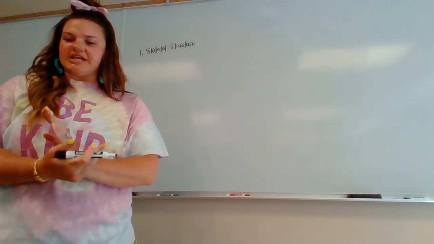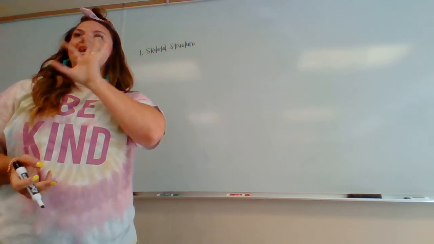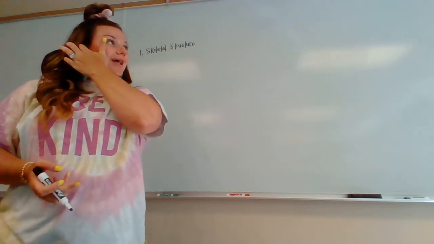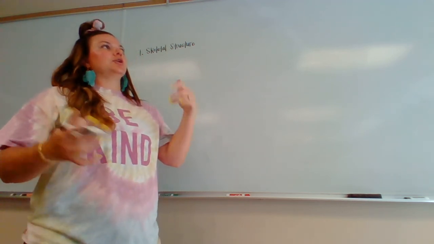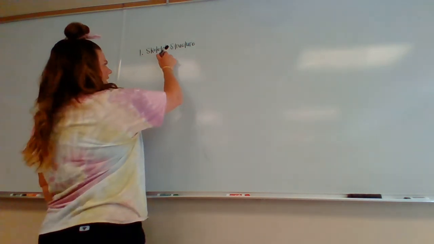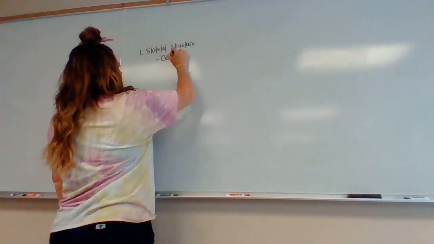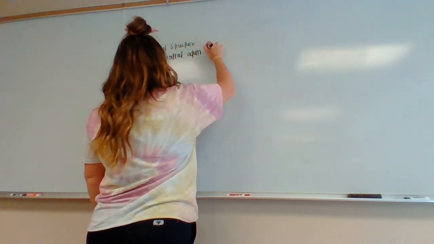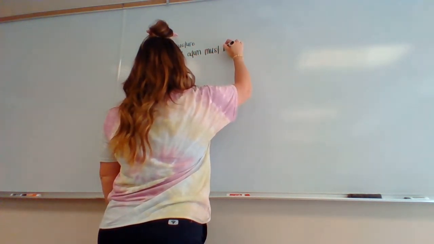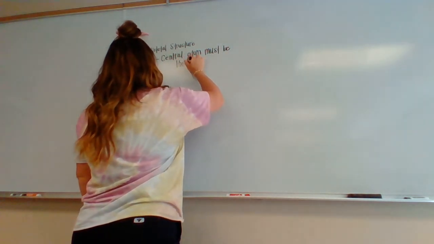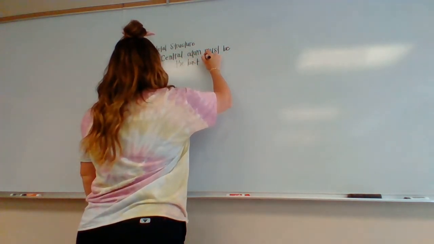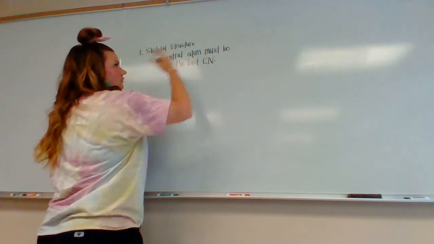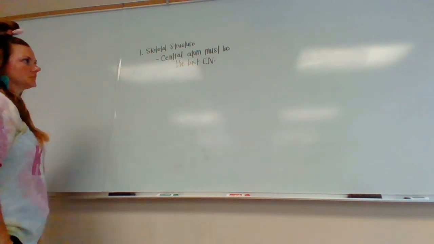So in these first few examples, we're going to start with a central atom and we're going to bond things to it. How do I determine who is the central atom? Well, the central atom must be the least electronegative out of all the atoms present in this compound.